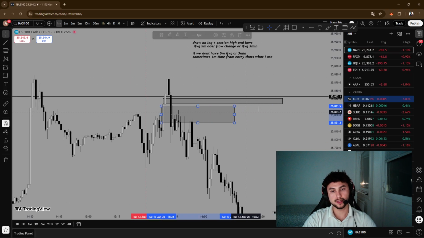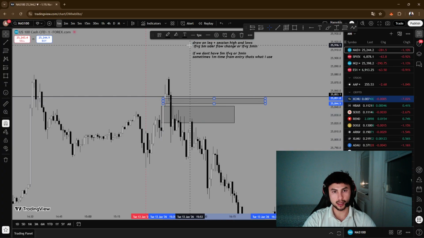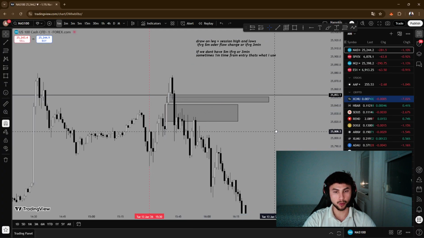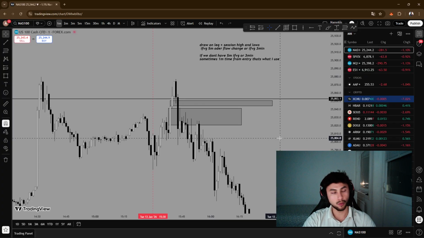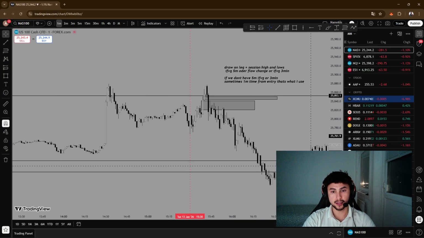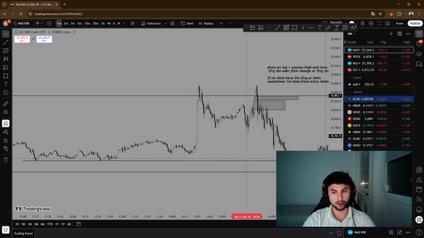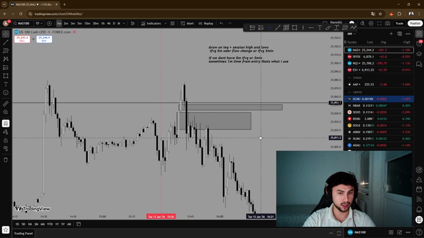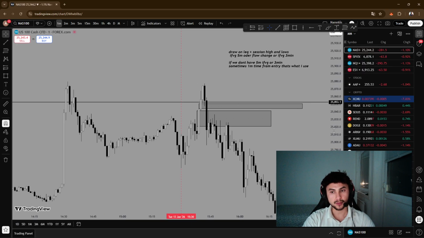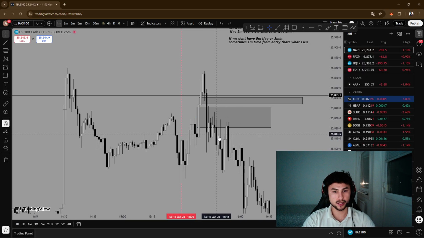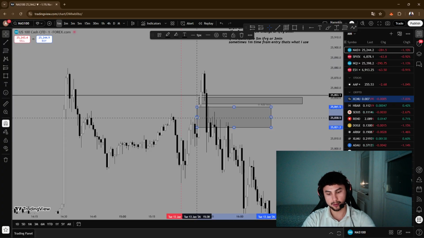Like I said, I even take entry off of the 1-minute time frame. When it comes to the 1-minute time frame, if I see that draws on liquidity are super strong, I'm willing to take off of the 1-minute inversion. But if I see that draws on liquidity are not super strong, I always wait for a retrace. In this case, we inverse this big 1-minute fair value gap over here.